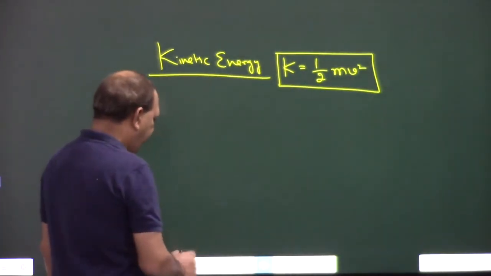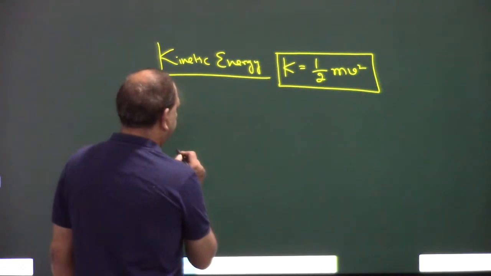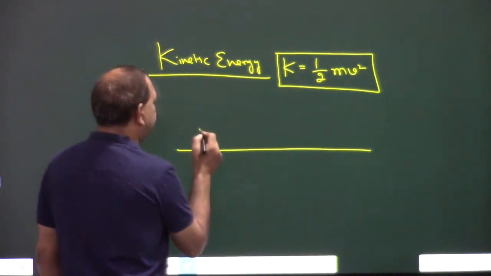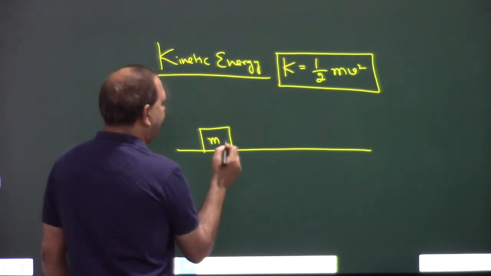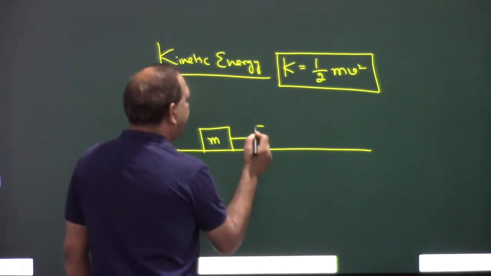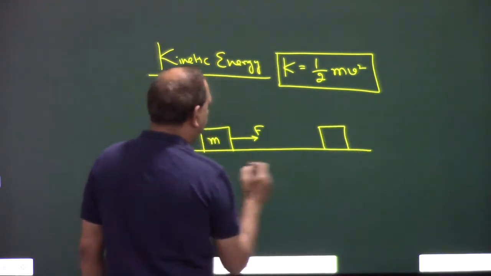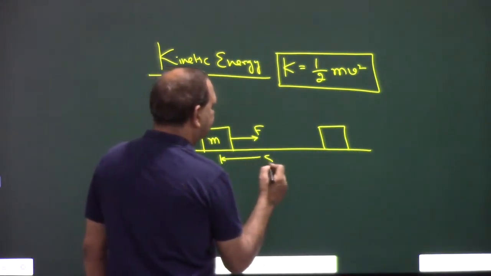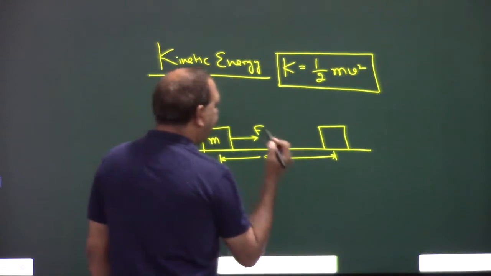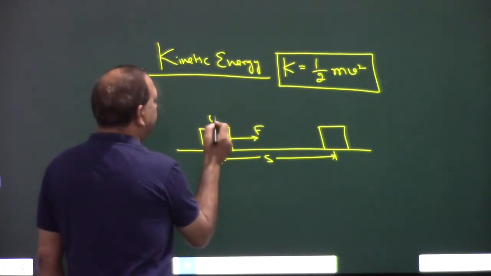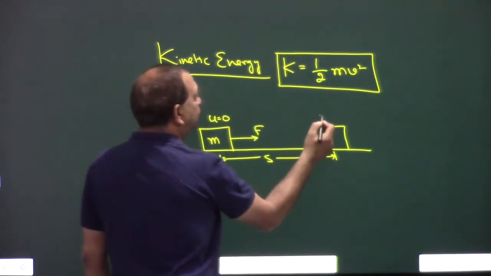If we try to find out the proof of this, let us consider an object of mass m which, under the application of a force F, is displaced by a distance s, and during this displacement the speed changed from 0 to v.